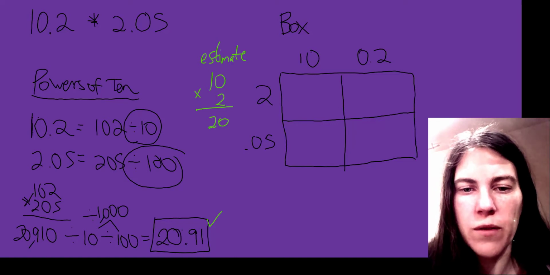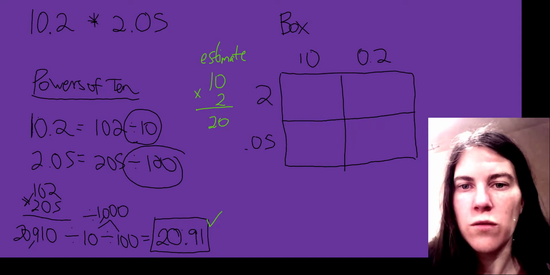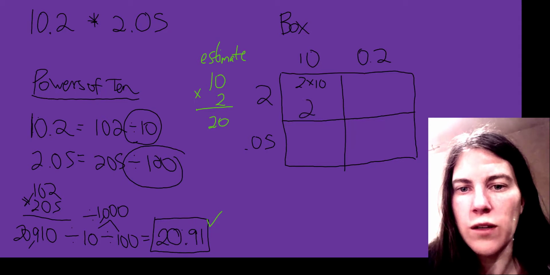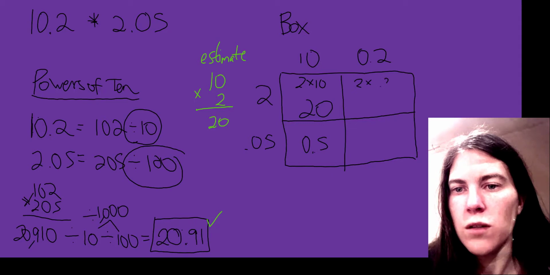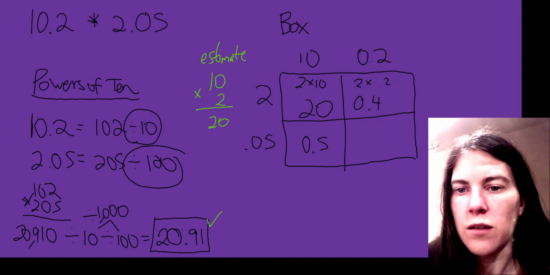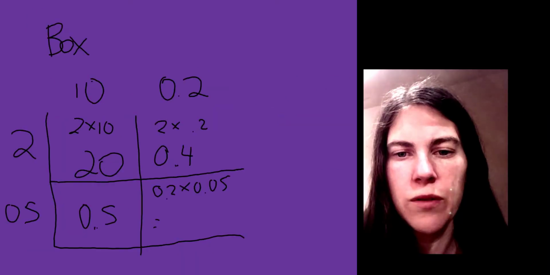I'm not bothering with the tenths here because it's just 0. So 2 times 10 is 20. 10 times 5/100ths is 1/2, 0.5. 2 times 2 tenths is 4 tenths.